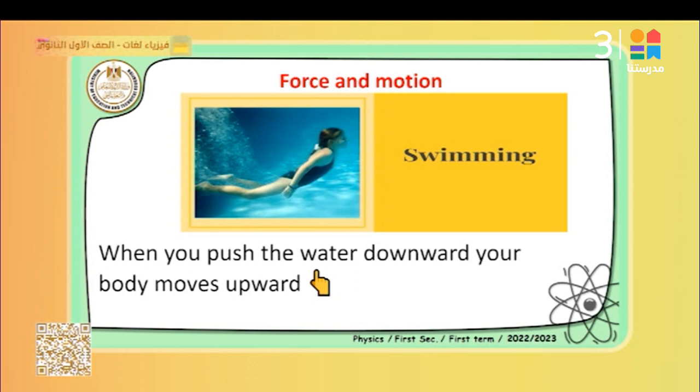During swimming, you push the water. If you are sinking in the water, you push the water downward, and consequently you find your body moves upward, which means you apply a force on the water, and the water applies a force on your body.